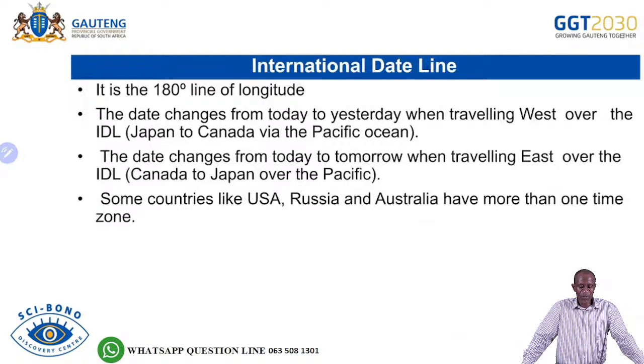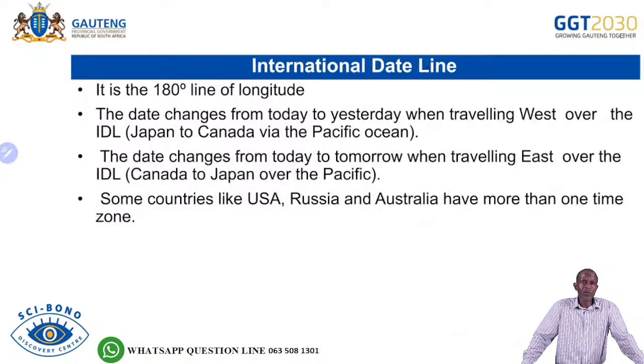Some countries like USA, Russia, and Australia have more than one time zone. This is because of the stretch of that particular country from east to west across so many different time zones.